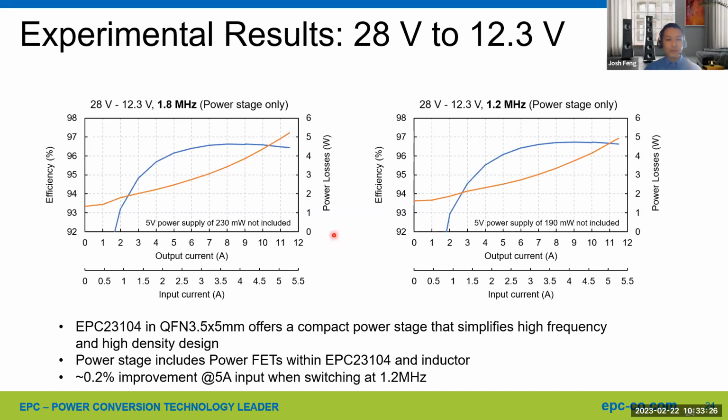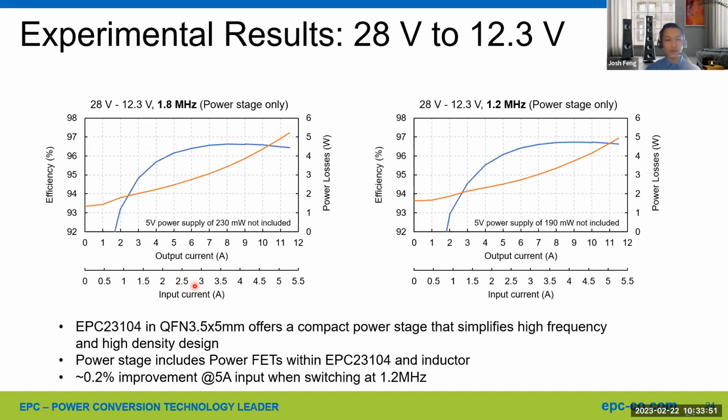On the left-hand side, you can see 1.8 megahertz switching. The input current is 5 amps, which is typically the max input current from PD. They can generate about 140 watts. Even at half load, you can easily achieve 96% efficiency.